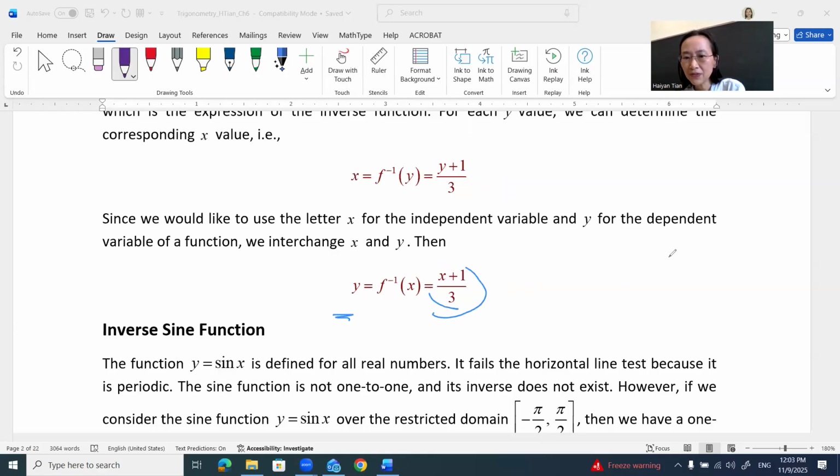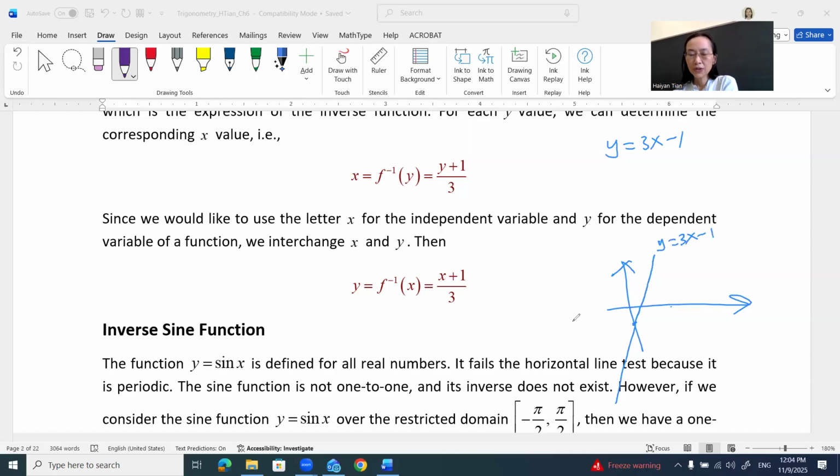And so we can draw this inverse function together with the original function and see their relationship. If you look at the original function, that is y equals 3x minus 1, then the slope is 3, negative 1 is the y-intercept. So that is a line. This is the original function.